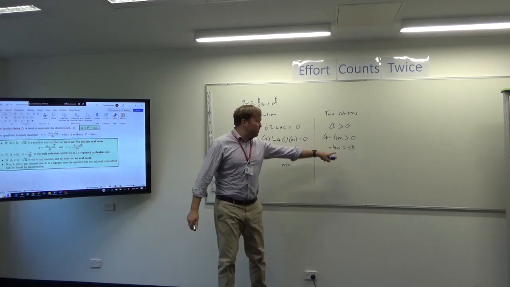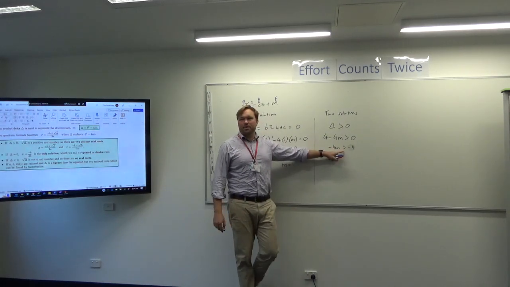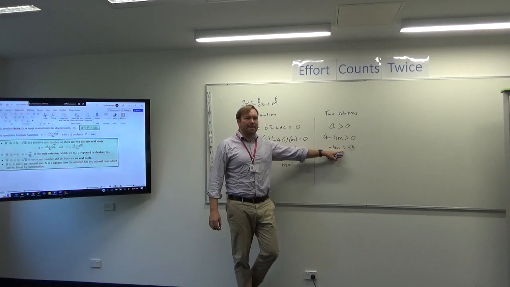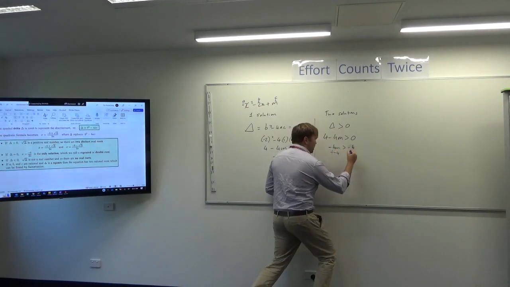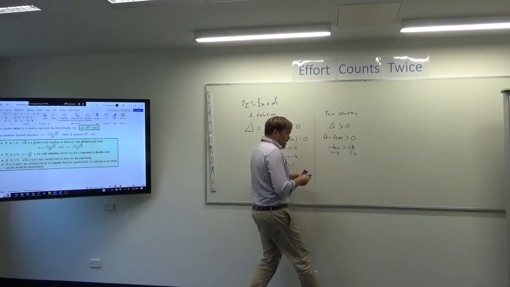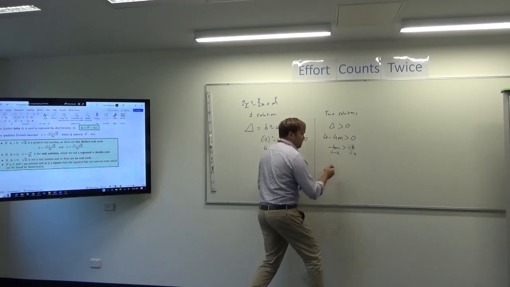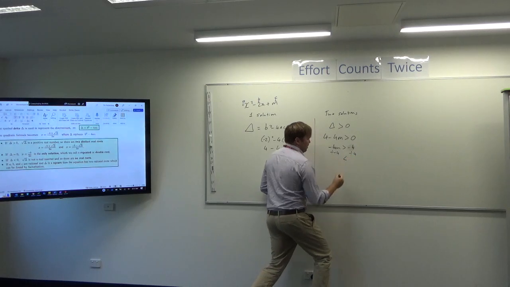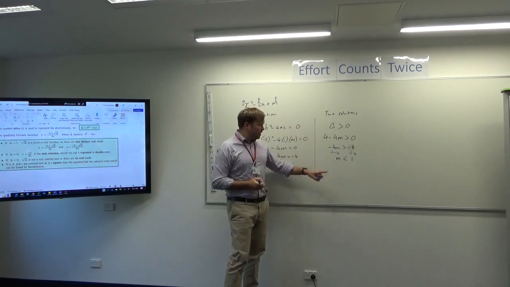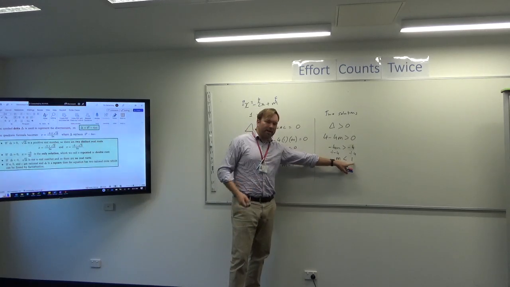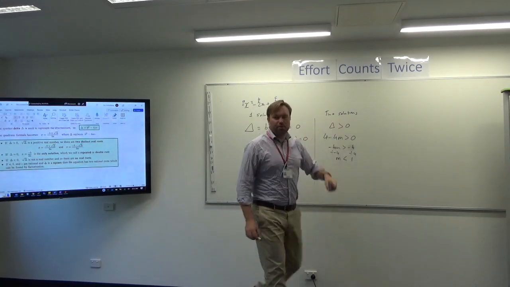Yeah, this bit acts like an equal sign until we multiply or divide by a negative. So when we, at this stage, divide by minus 4, the sign flips. What that is saying is when m is less than 1, there will be two solutions.